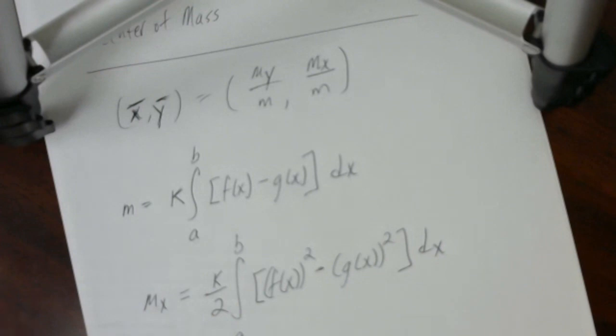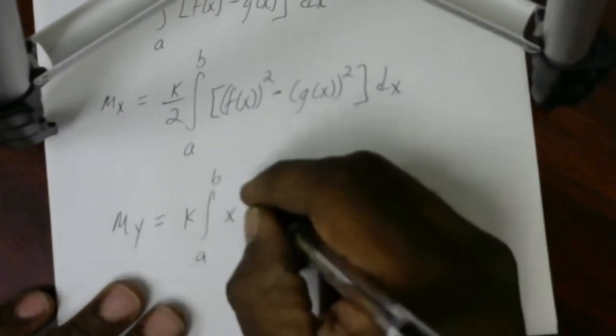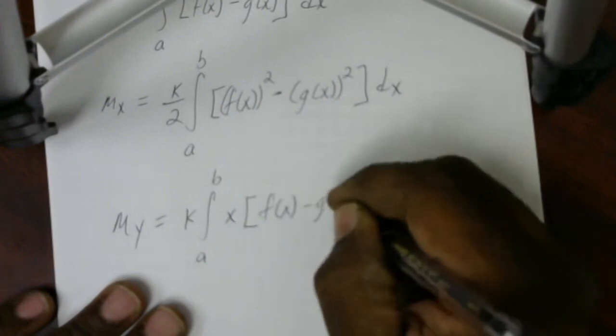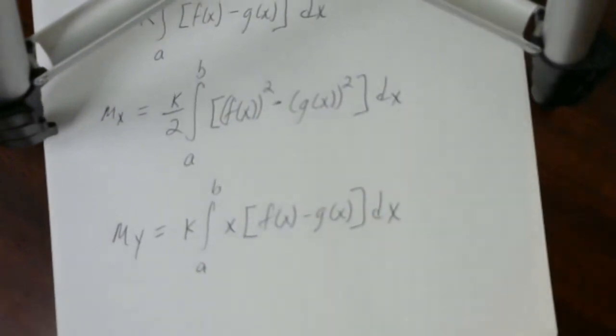Now, in order to find the moment about y, we're given K times the integral from A to B of x times the quantity f of x minus g of x dx.